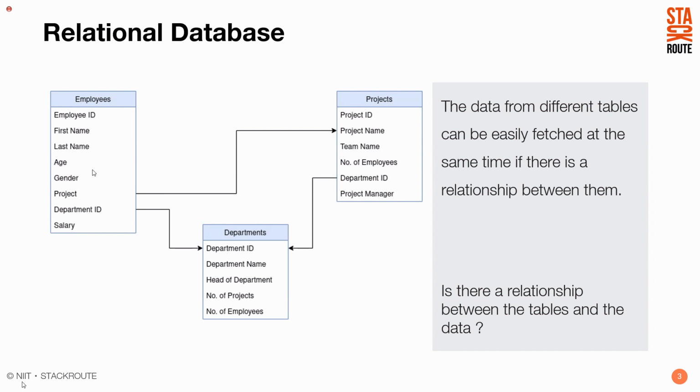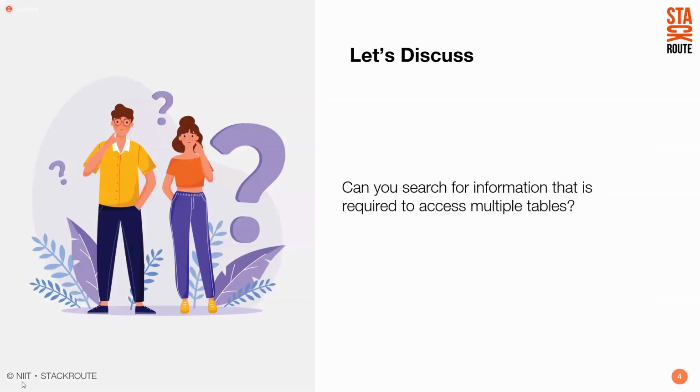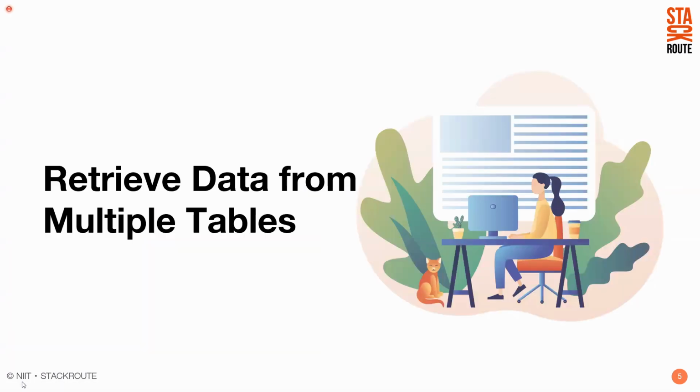If I want to connect the employee table and department table, there should be one column to be matched. In the employee table I have department ID, and in the department table I also have department ID. So at least one column should be common in both tables. If there is no common column either, what needs to be done? Let's discuss. We are going to retrieve data from multiple tables.